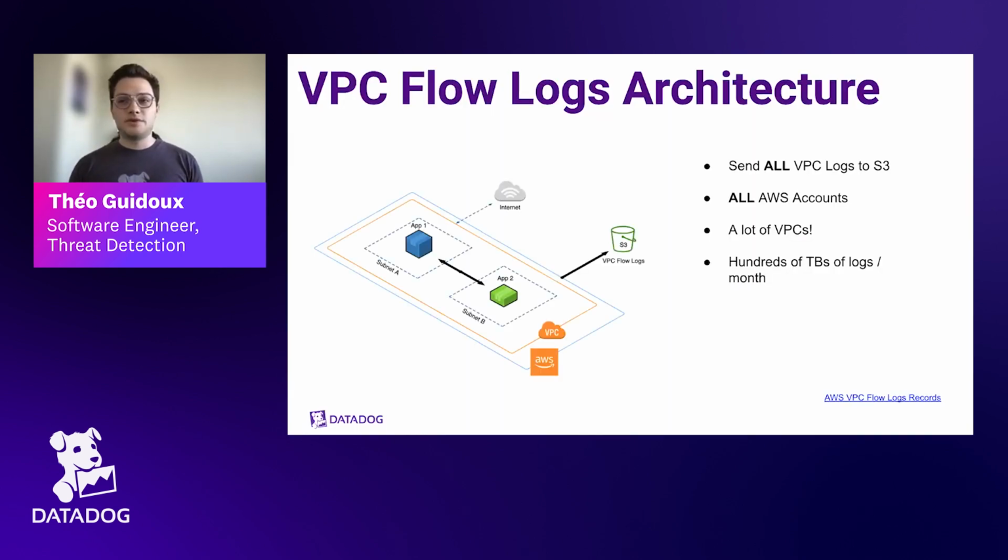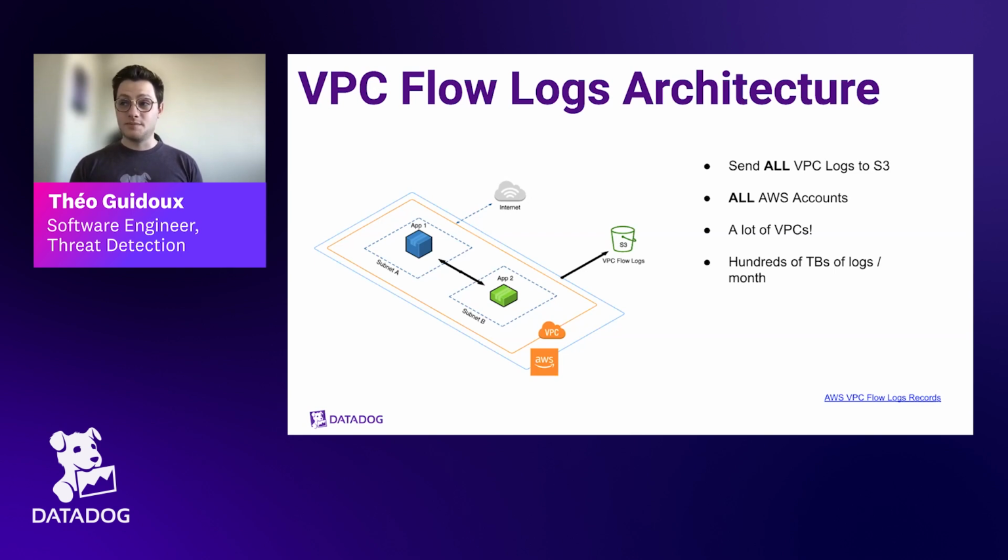So, as I said previously, VPC logging shows all interactions between subnets or apps with other subnets or apps and the internet. And fortunately, AWS provides a way to get these interactions with flow logs. That's why we speak of VPC flow logs.